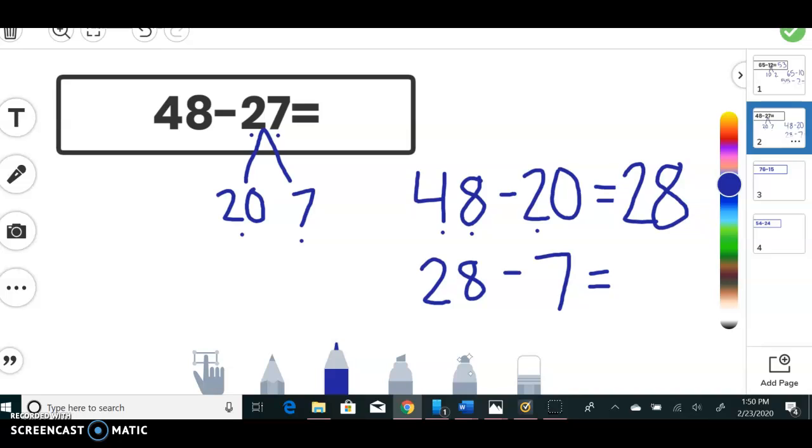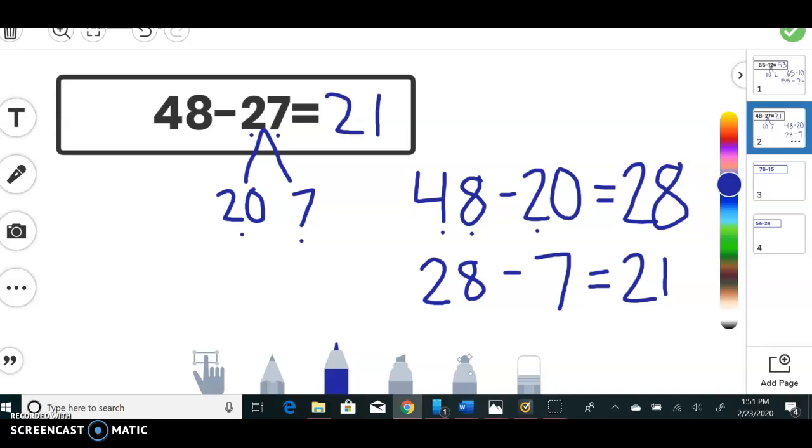Now you can use a strategy to subtract 7 from 28. Did you get 21? You got it, mathematician. The difference of 48 and 27 is 21.